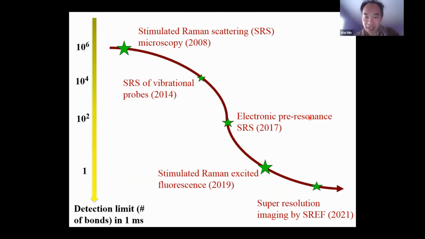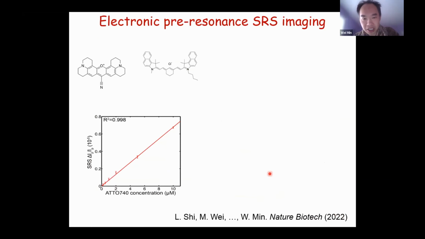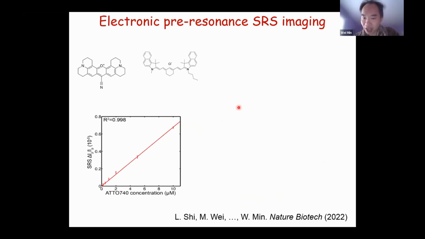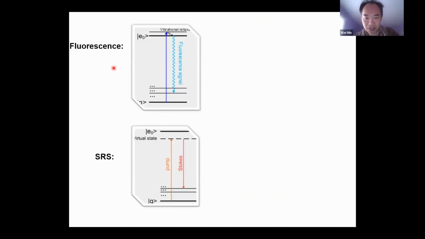Now here, stimulated Raman excited fluorescence brings another 2 orders of magnitude down to single molecule. So the motivation is that since we're already using this type of resonance dyes, and the dyes all fluoresce to some extent, why can't we just combine Raman with fluorescence altogether? So the idea is, this is fluorescence, this is Raman.